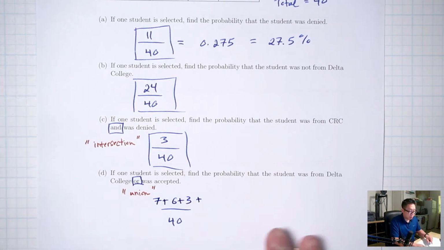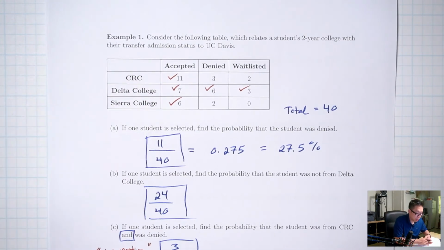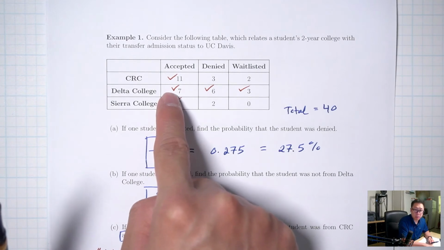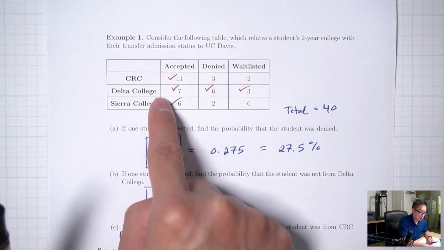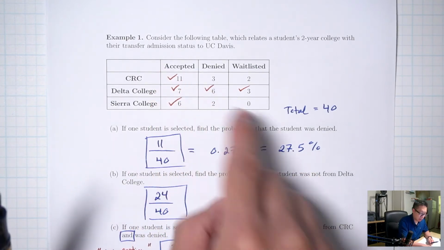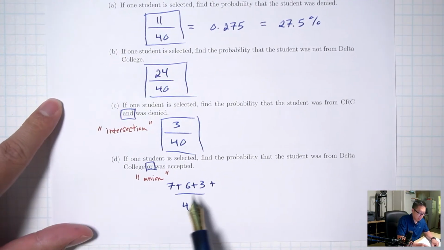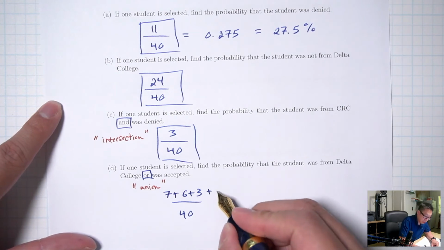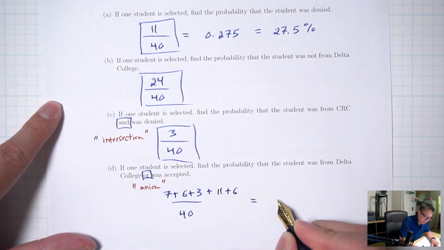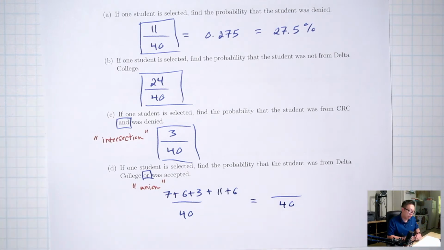And then add on the accepted numbers, but remember not to count the number that you counted already with the Delta numbers. So for the accepted, just the 11 and the 6, because the 7 I already got when I added the Delta numbers. Bottom still 40. Up top, 7 plus 6 plus 3 plus 11 plus 6. And that's 33.